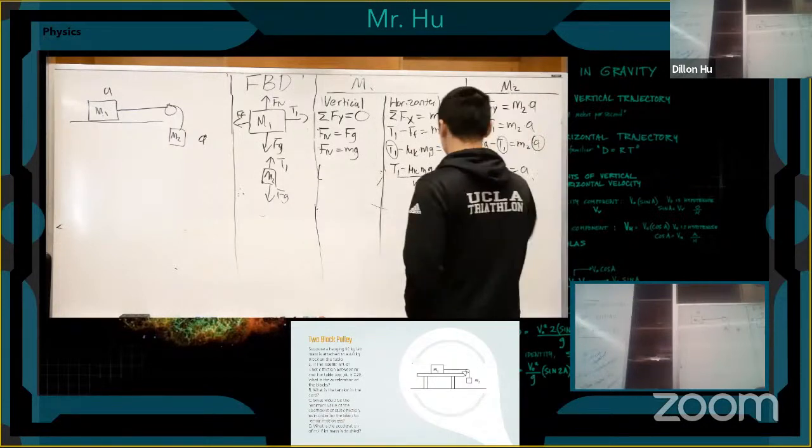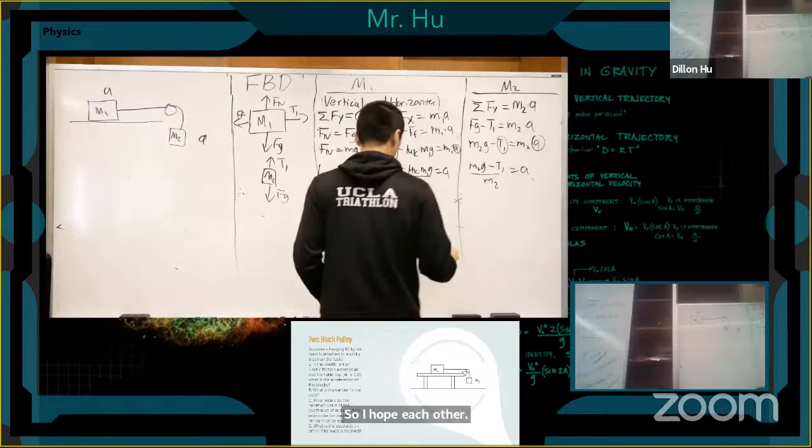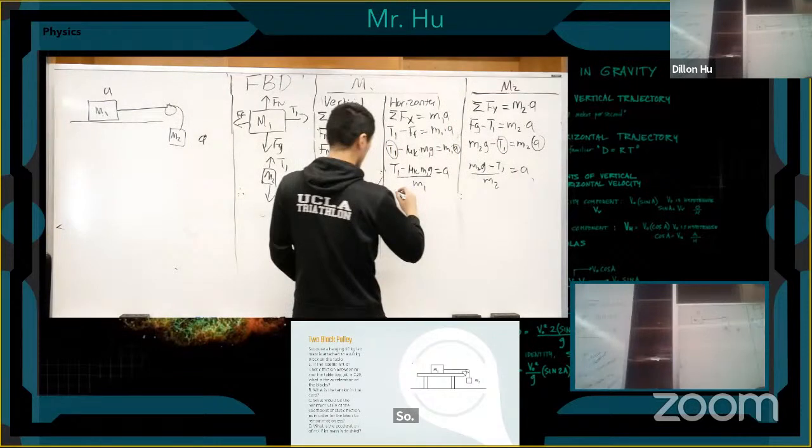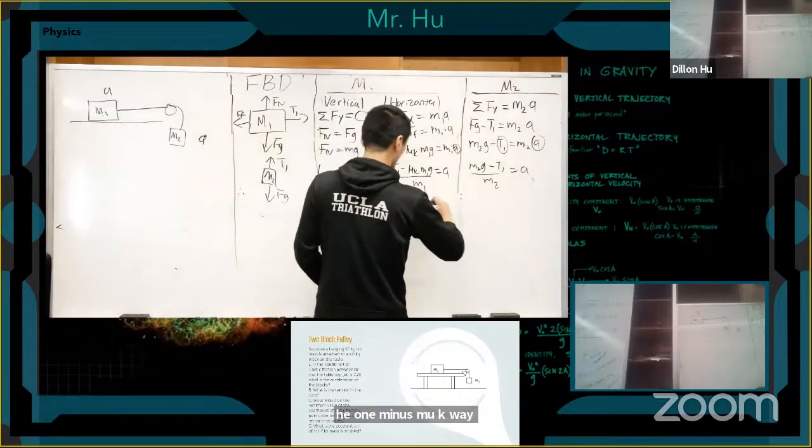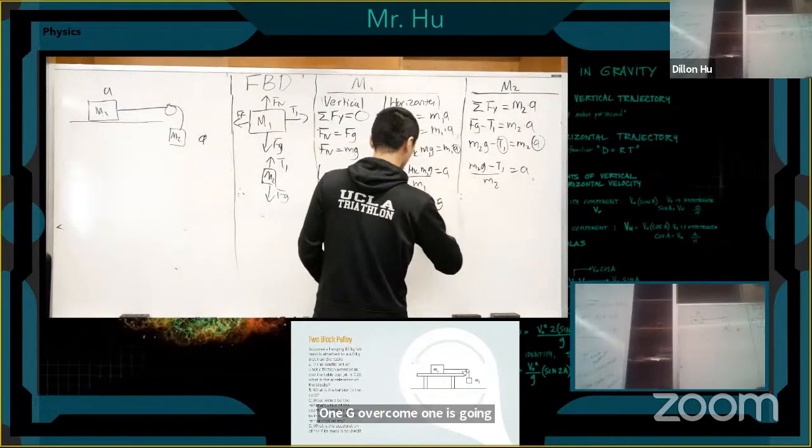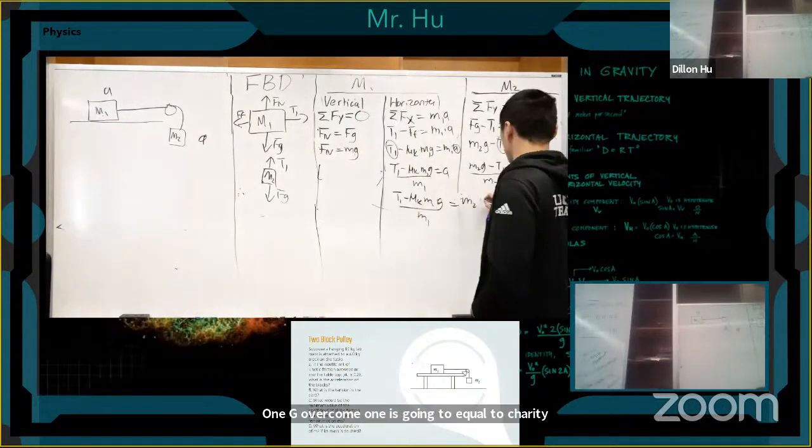So I'll set these equal to each other: T1 minus mu k M1 g over M1 is going to equal M2 g minus T1 over M2.